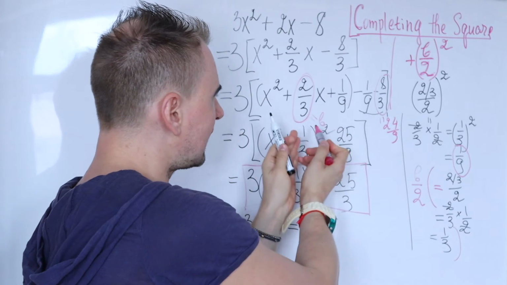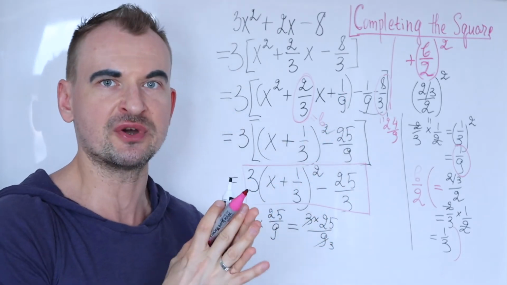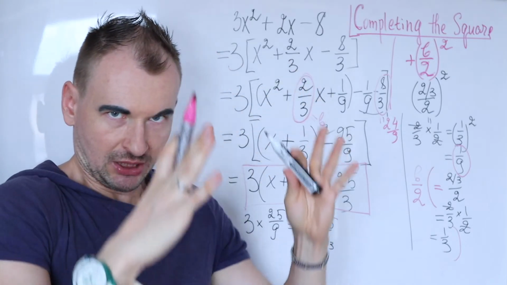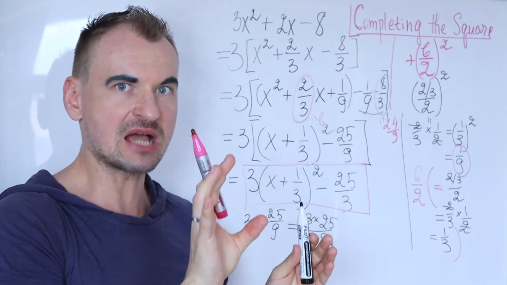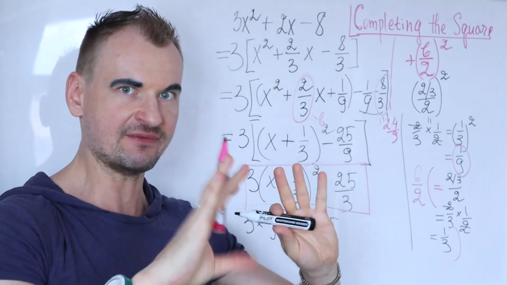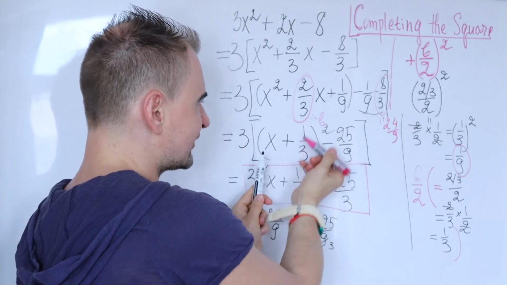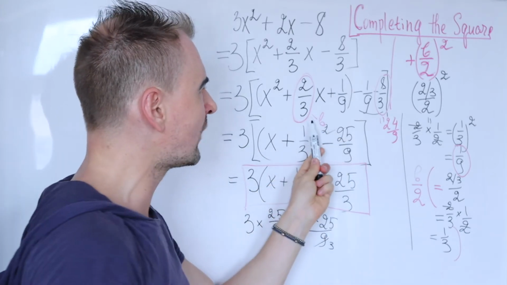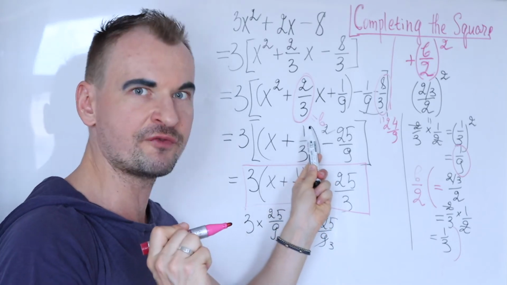Now, immediately after, you are ready to complete your square. So you're ready to write it in a neat, compact form: x plus or minus a number, and everything raised to the second power. Instead of this number, it's going to be b over 2, half of the middle coefficient.